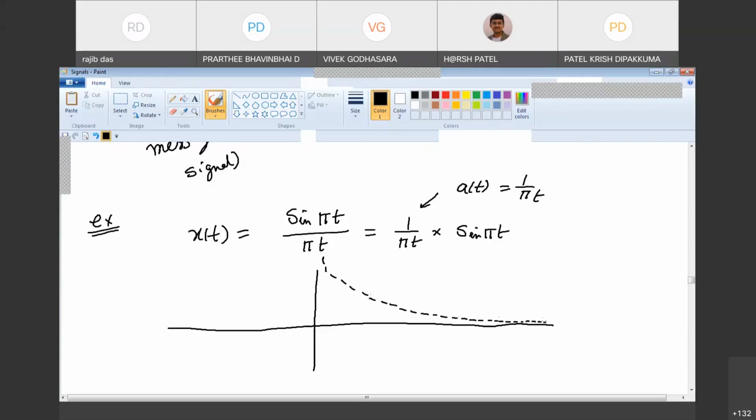Then it will become 0. And this side it is going towards infinity. So this is for positive t. For negative t, it will be the negative value of this one only. So initially it will be -1 and then it should go to 0.